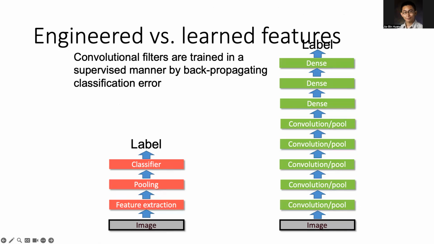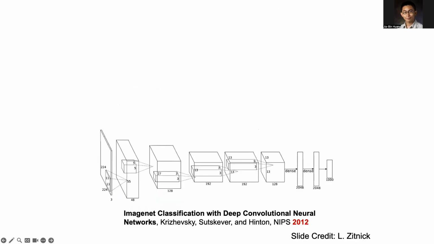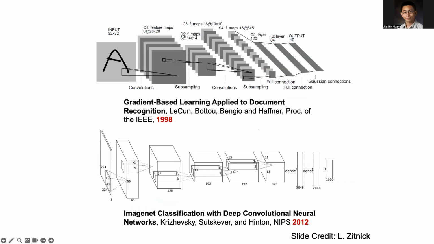And so this has been very successful. As I said, in 2012, people found it's very, very effective. This is when it reignited people's interest in convolutional neural networks. But if you compare this to 1998, the video I showed earlier, it doesn't really change too much, right?